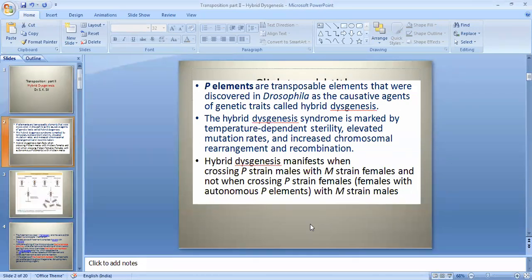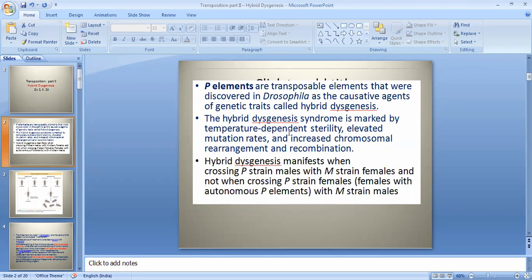Now, to begin with, the P elements are transposable elements that were discovered in Drosophila as the causative agents of genetic traits called hybrid dysgenesis. The hybrid dysgenesis syndrome in Drosophila is marked by temperature-dependent sterility, elevated mutation rates, and increased chromosomal realignments and recombination. All these mutations and realignments cause sterility in the progeny, and this is temperature dependent.